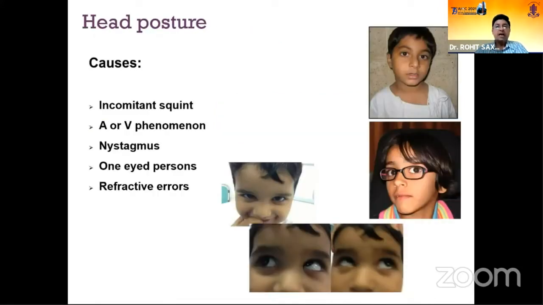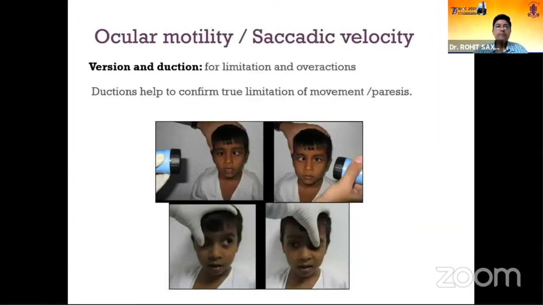Head postures are very commonly seen in incomitant strabismus because the patient may try to motor correct for the diplopia that he or she may have, and very rarely they may actually adopt a head posture to increase the deviation so that the disturbing image falls in the far periphery and becomes easier to ignore.